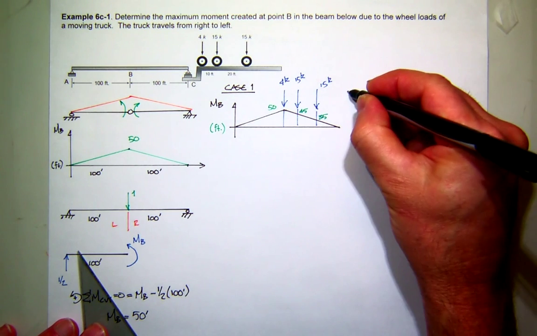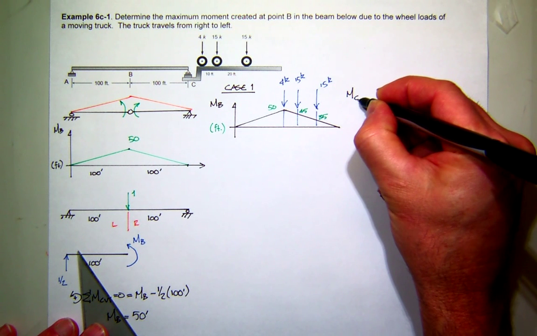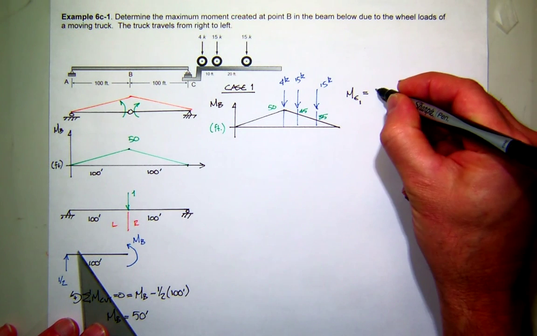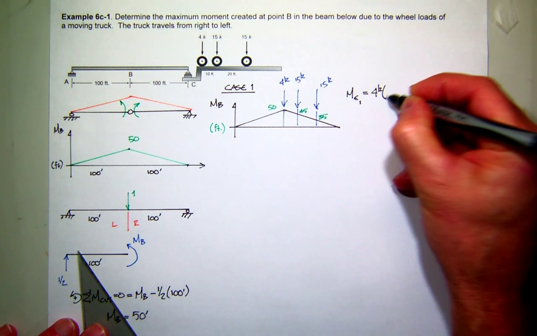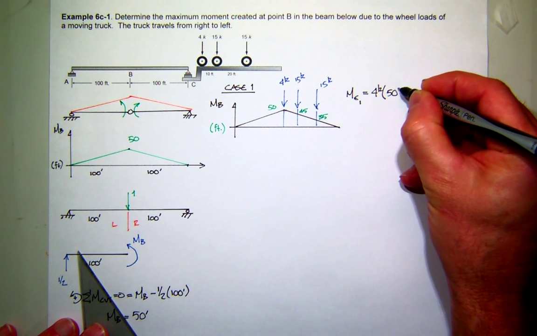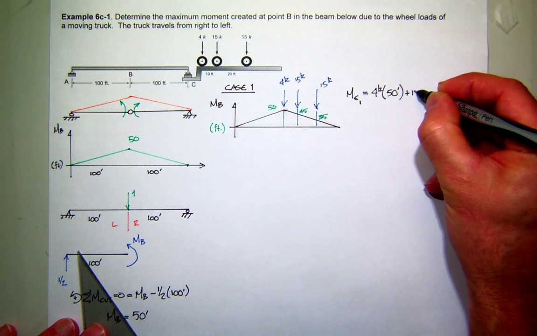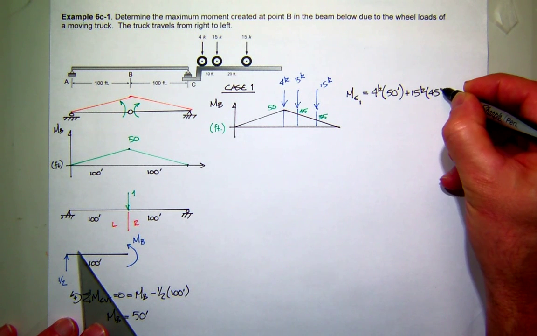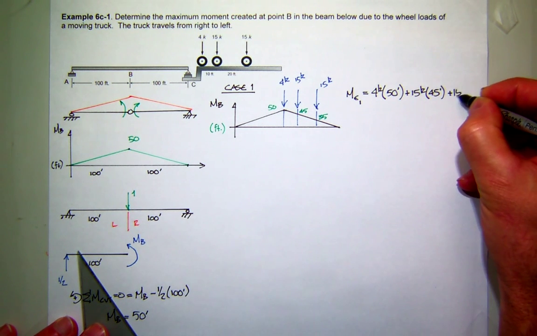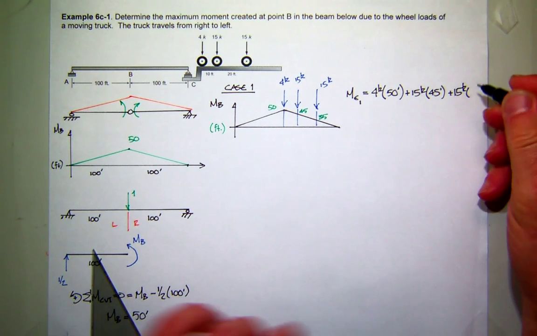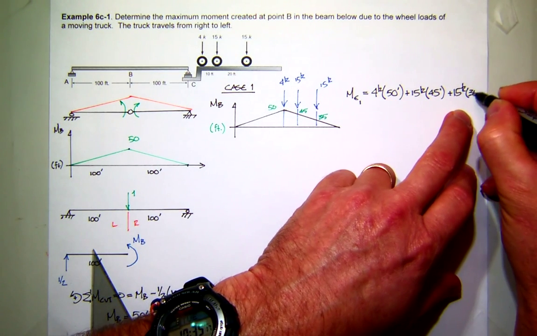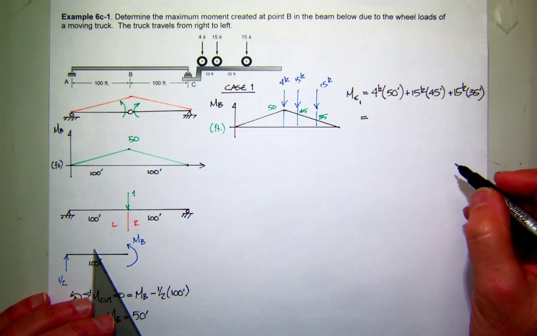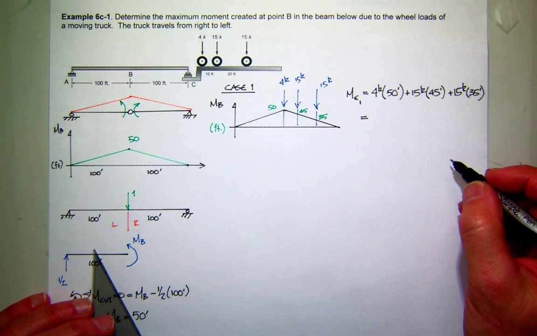So now the moment at B, I'll say M_B1 for case 1, would be 4 kips times 50 feet plus 15 kips times 45 feet plus 15 kips times 35 feet. You guys have to help me out with that.